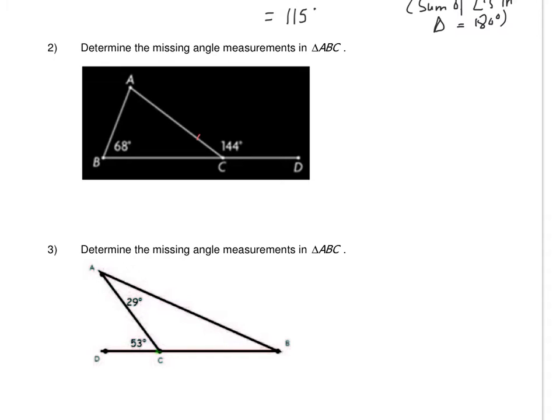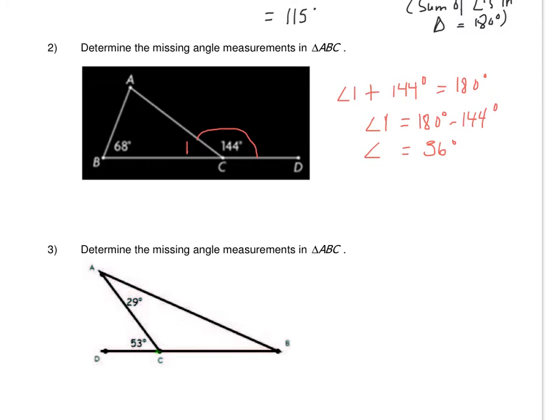So we know that this one here, same as the one we just did, is 144. Similarly, if I call this angle 1 in here, we know that angle 1 plus 144 degrees has to add up to 180 because they're a straight angle. So angle 1 equals 180 minus 144, which is 36 degrees.